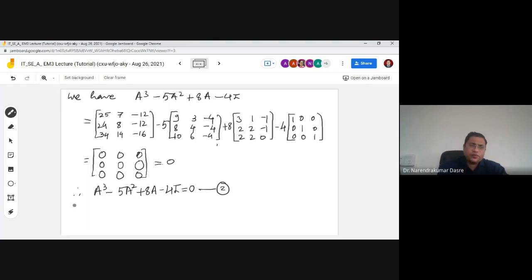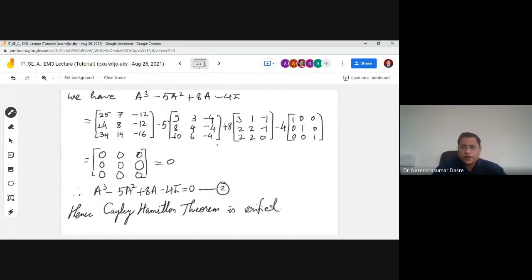So that's why we can say, hence, Cayley-Hamilton theorem is verified. Okay, so this Cayley-Hamilton theorem is verified.